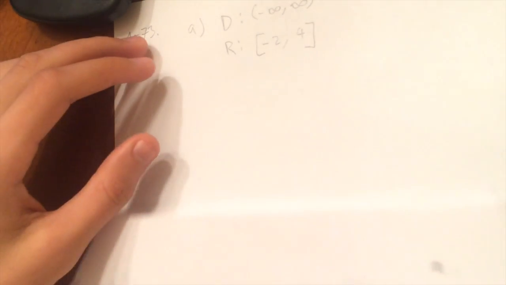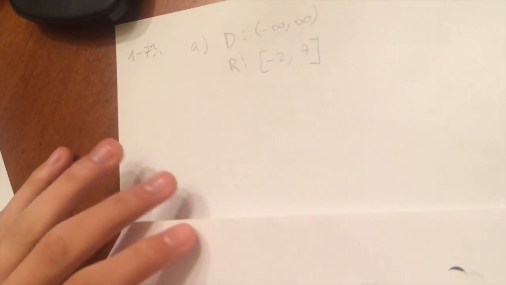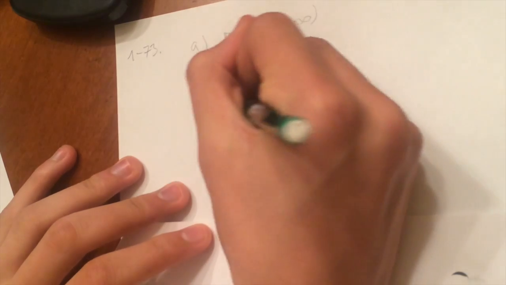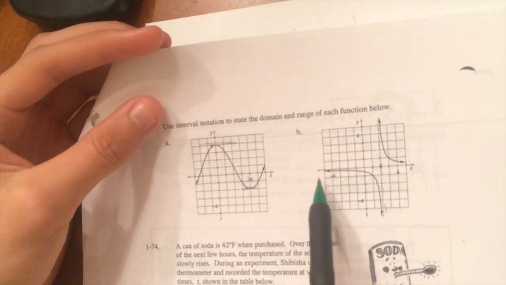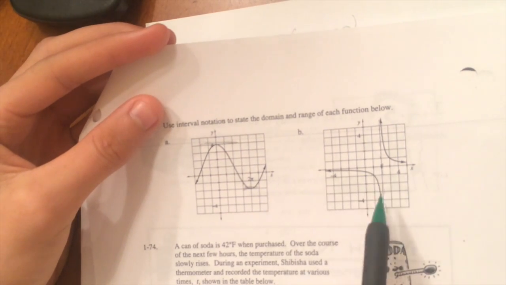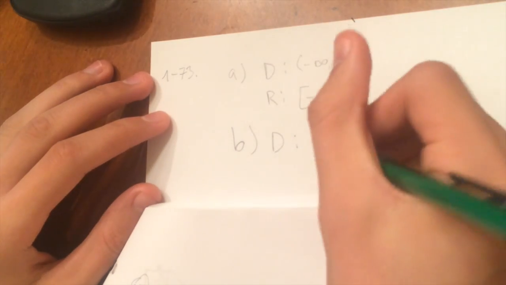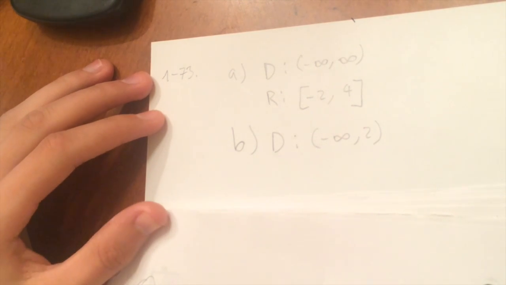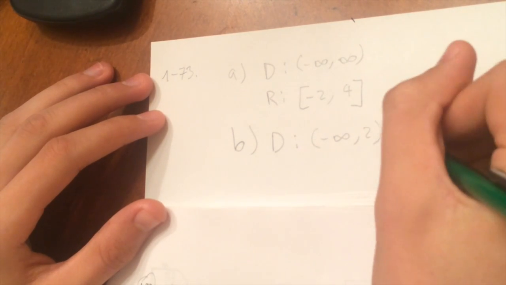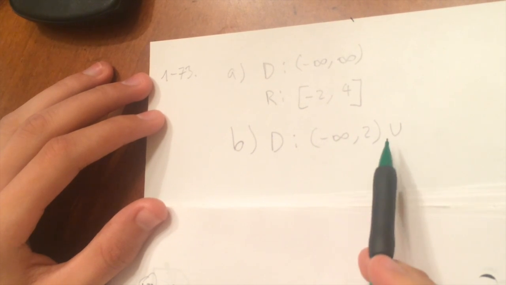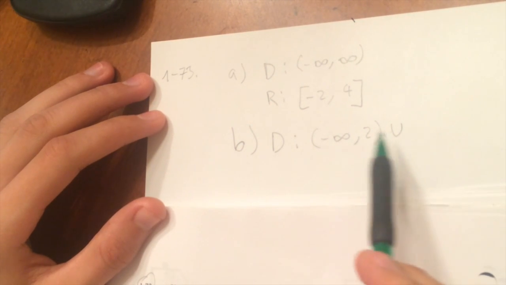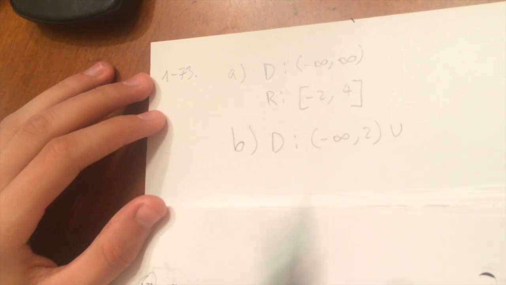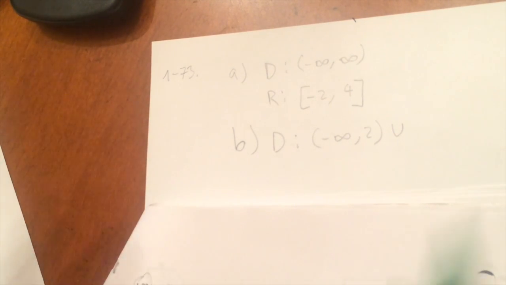So for the domain for part B, we can say that from negative infinity all the way up to x equals 2, the function is defined. So the domain is negative infinity to 2, but at 2 it is not defined, so we put the parentheses, and then the union symbol, which is basically used to join the two sets.